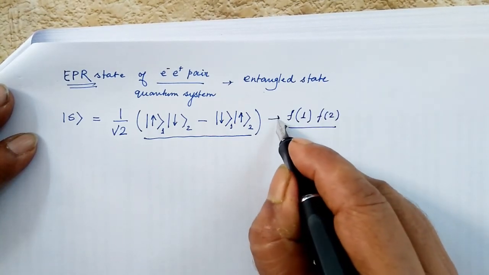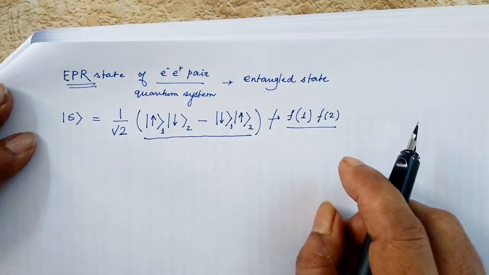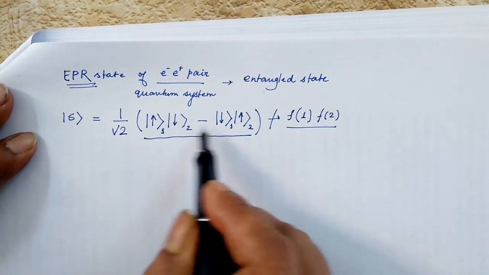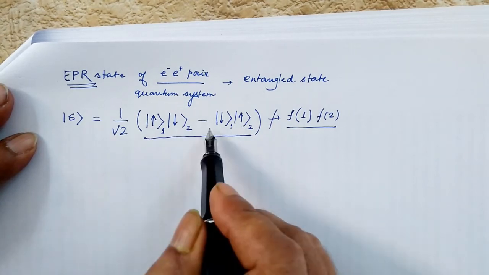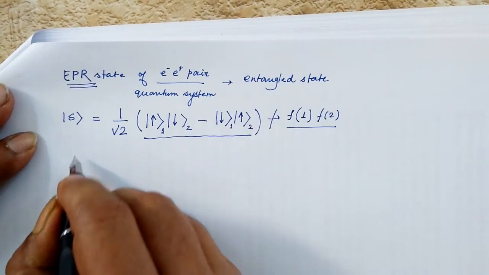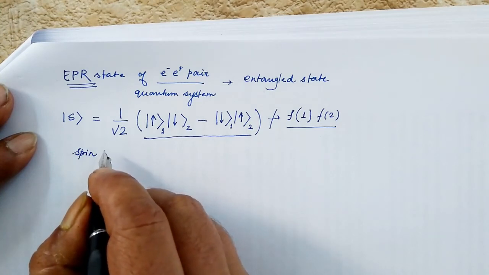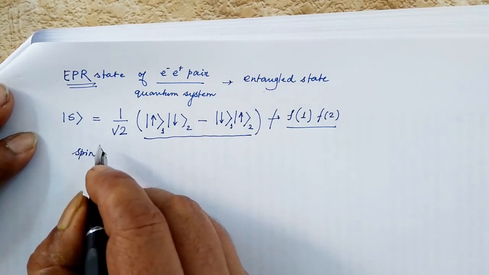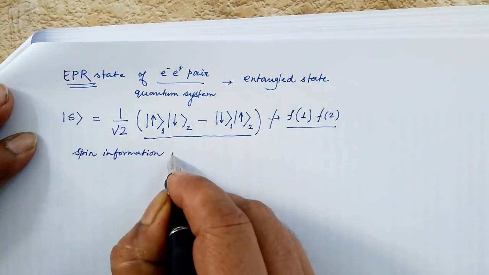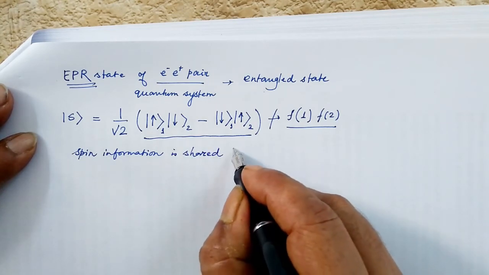It is not possible to write it at all in such a form. So particle 1 is not in a definite spin state. Something important for us to remember is that the spin information is shared between the two particles.